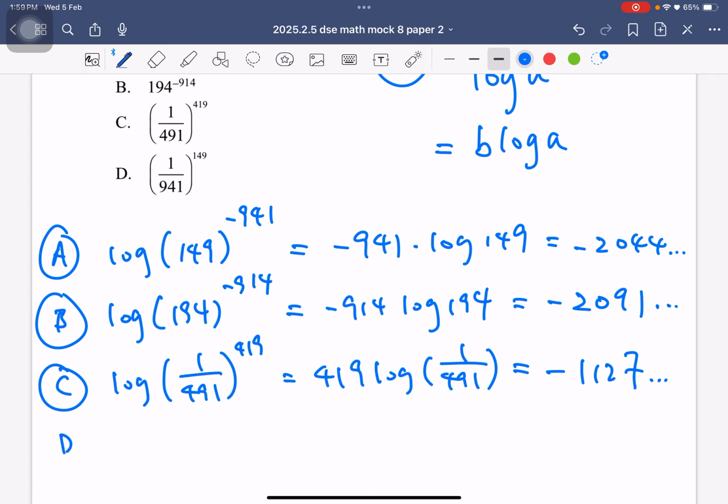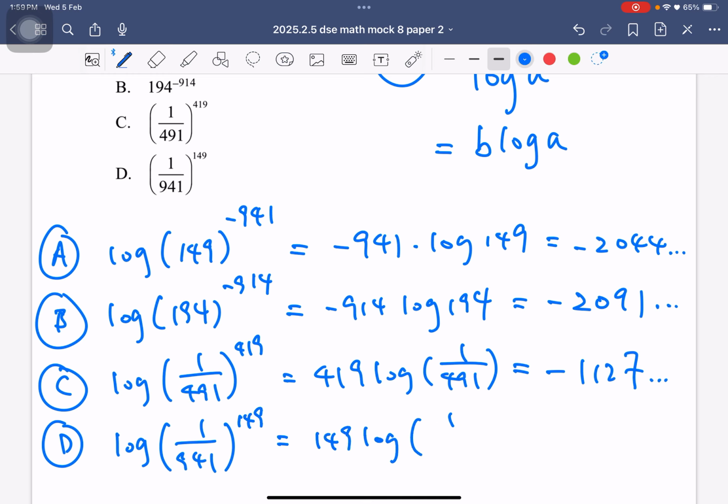And the last one, part D, log of 1 over 941 to the power of 149. You bring down the power 149. Then the answer here is negative 443.